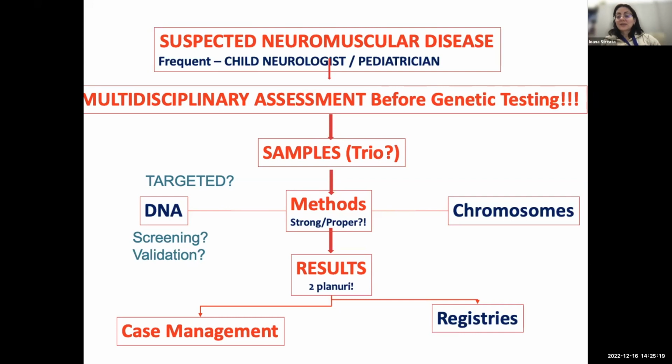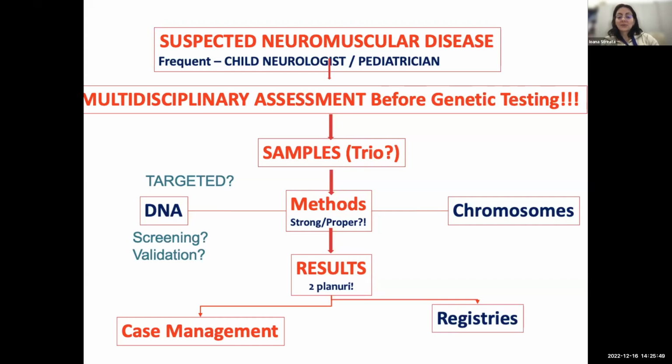And also, if we want to perform a whole genome or whole exome, ideally we test the trio, the parents and the child, because it will be easier to find the variant that might cause the phenotype.